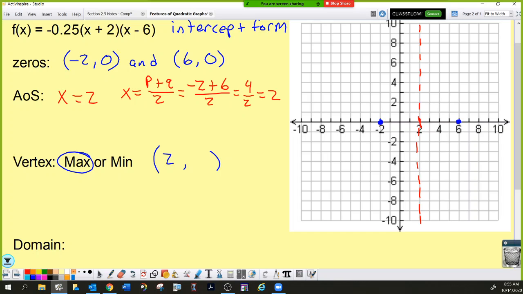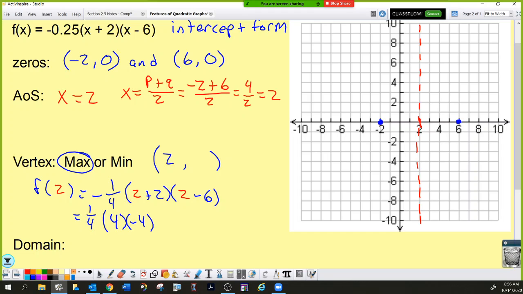A few people said it, I'm going to plug it in. I'm going to figure out what happens when I plug in x equals 2. Instead of saying negative 0.25, you guys okay if I say negative 1/4? I think that's easier to deal with. So negative 1/4 of 4 times negative 4.